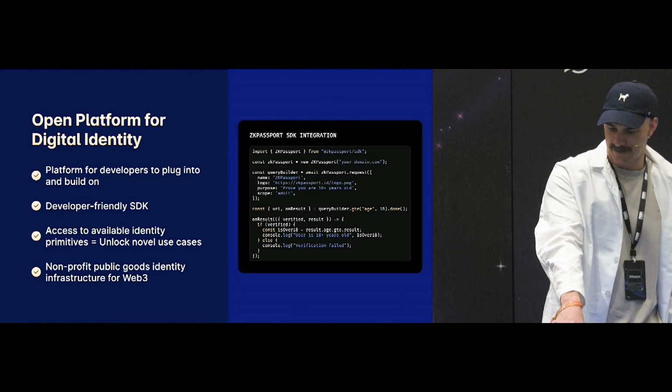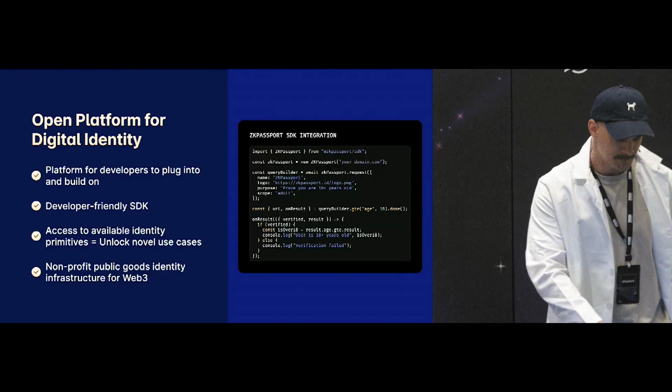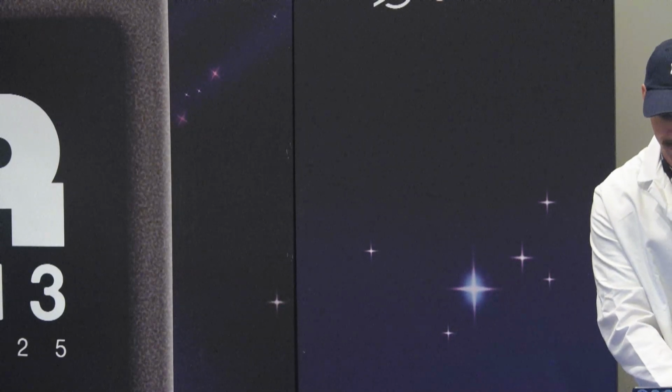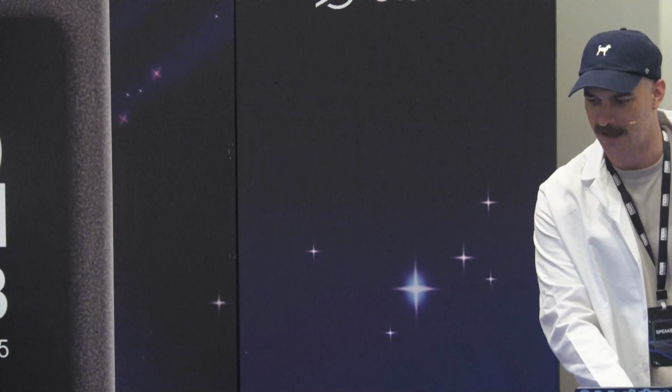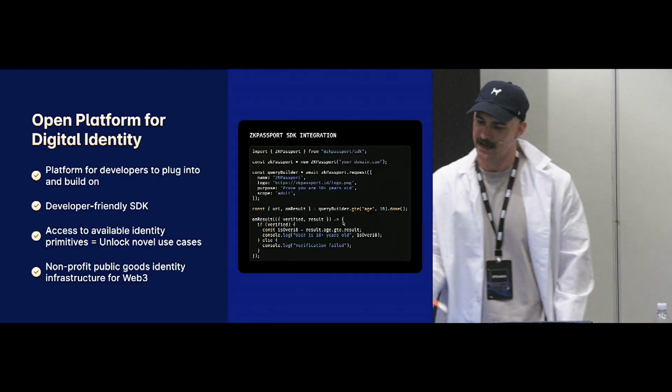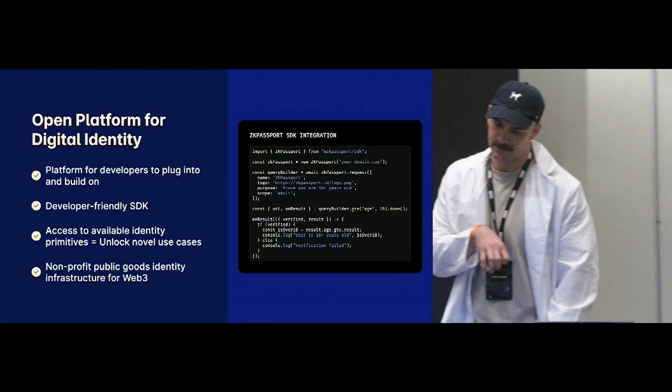So here it's query builder dot greater than or equal to, for the age 18. So this is 18 plus basically, and you can keep going. There's options for nationalities, for sanctions lists, for anything you can think of to reveal, in any combination of the passport data.